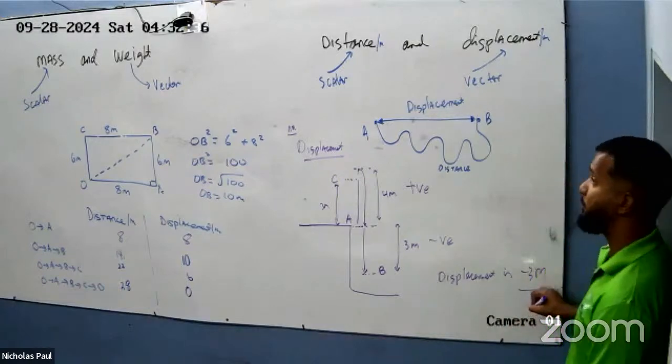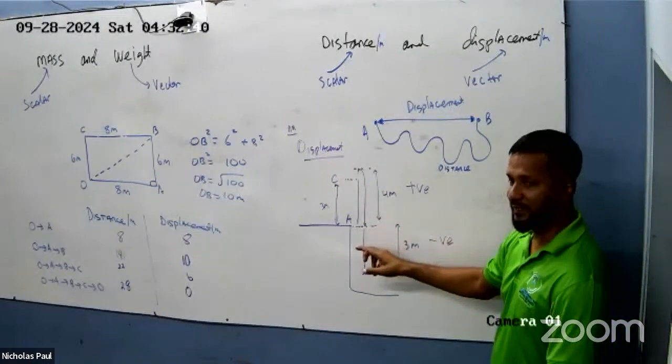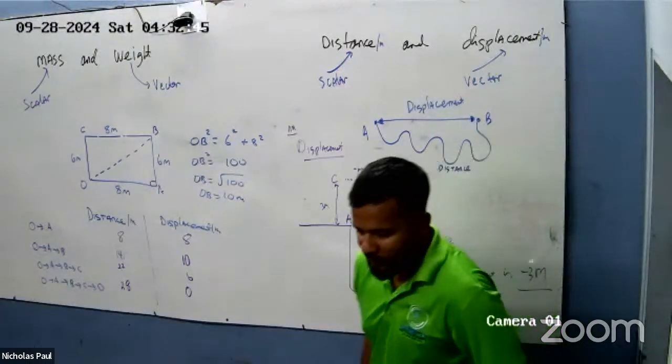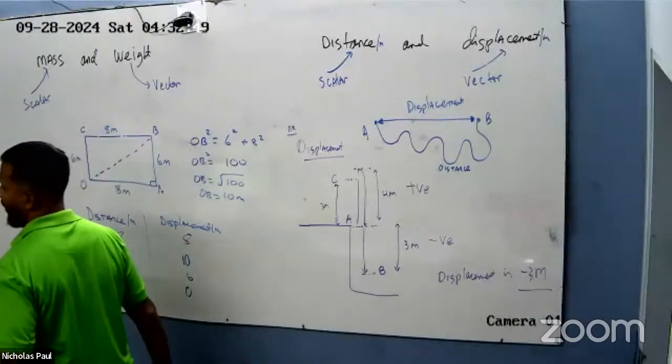So the displacement is minus 3 meters because it went below the starting point. Just make a note of the sign convention for all vector quantities.